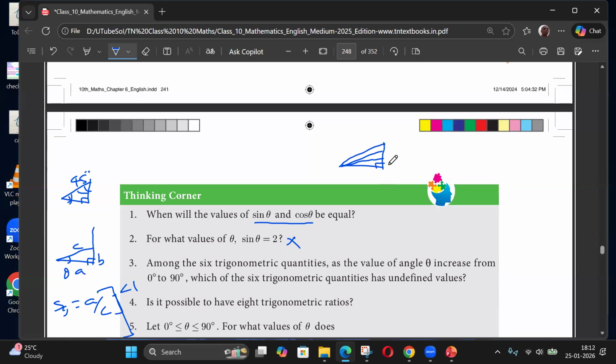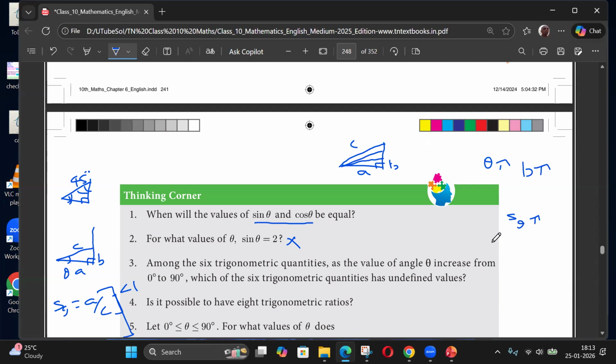If I call the adjacent side A, the opposite side B, and this one C, then as theta increases, for a given A, B is going to increase. So sine theta will increase because it's B by C.